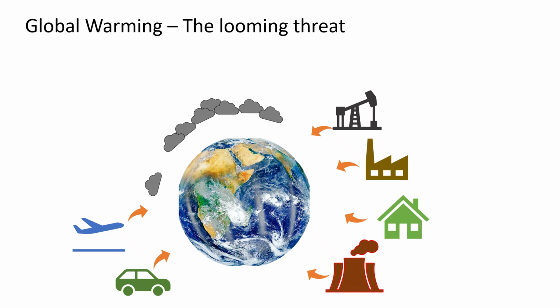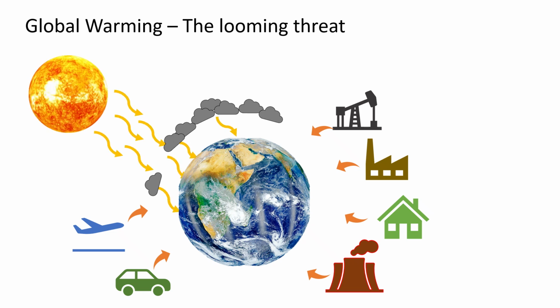And these gases are going nowhere. They are stuck in the atmosphere for a very, very long time. When the sun rays come towards the earth, and when they try to go back, they get trapped inside that atmosphere, and that increases the temperature on a daily basis.